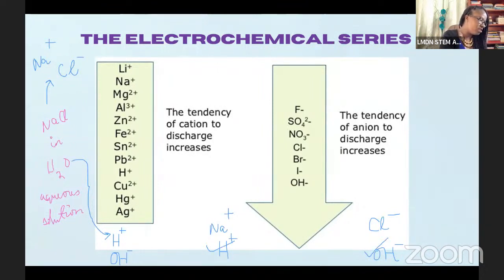So just make sure you're comfortable with those examples, because you always have to balance the different factors. And there are three factors: the position in the electrochemical series, the concentration of the ions in the electrolyte, as well as whether you have an inert or active electrode. And that part is not too bad, because if it's inert, you don't have to worry about it. But if it's not inert, you have to think about what ions actually make up the electrode that could then compete with these, right?